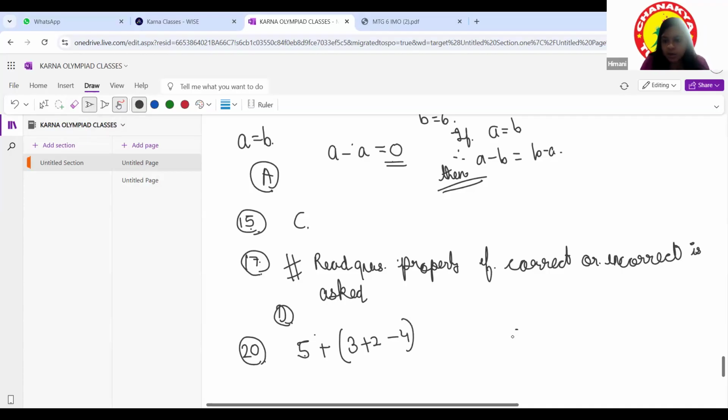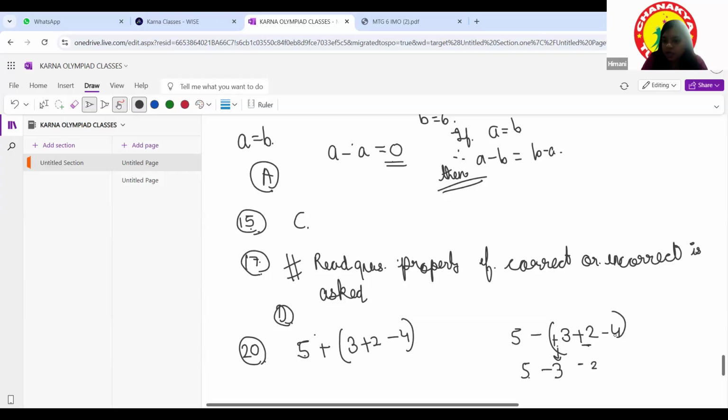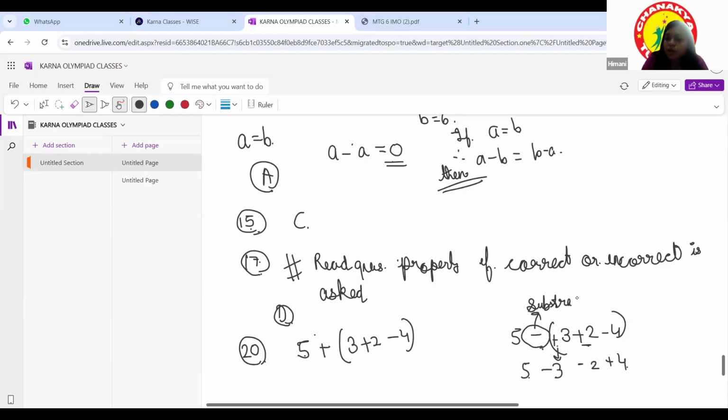And same thing here, 5 minus 3 plus 2 minus 4. Now, ma'am, 5 minus 2 minus 3. See, if you open it, here you have to change the sign, no? Here plus 3 will become minus 3, plus 2 will become minus 2, and minus 4 will become plus 4. Ma'am, that's what it will change. But this is subtraction, no? Yes, ma'am. But they are talking about addition. In addition, does the sign change?